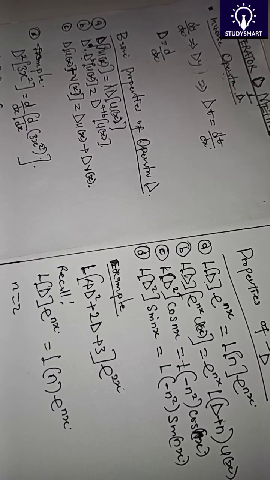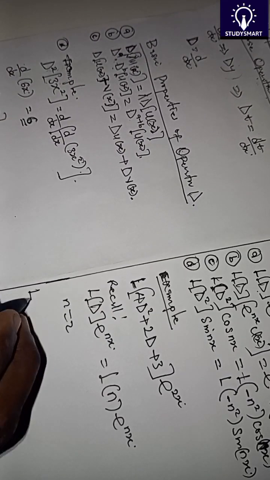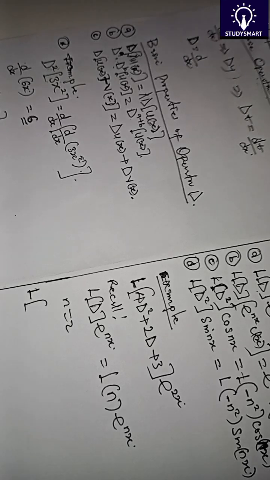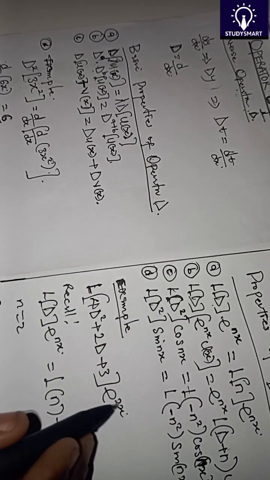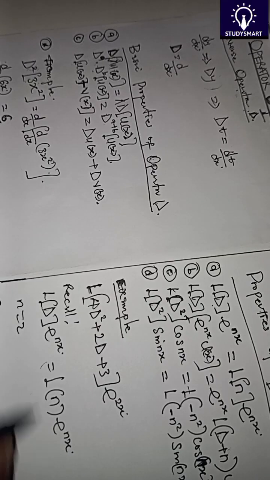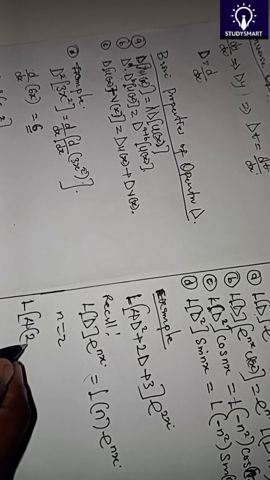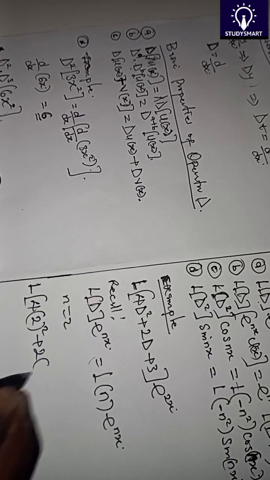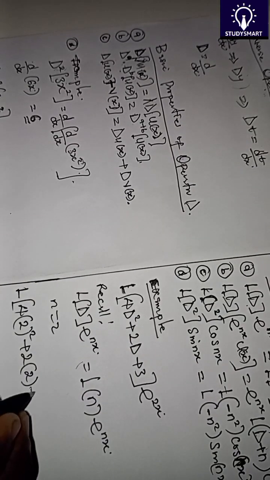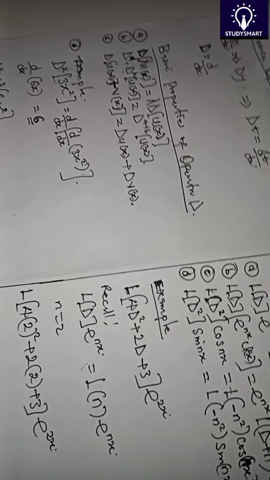So I'm going to be having L into 4 times 2 squared, then plus 2 into 2, and plus 3. I still have my exponential 2x here.